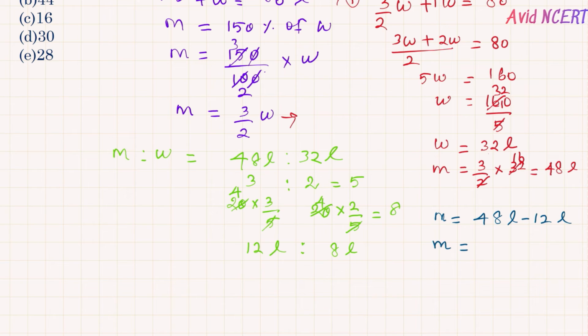So the remaining milk out of this 48 liters, with 12 liters taken out, is going to be 36 liters, and the water is going to be 32 minus 8 liters, which equals 24 liters of water remaining in the original mixture.